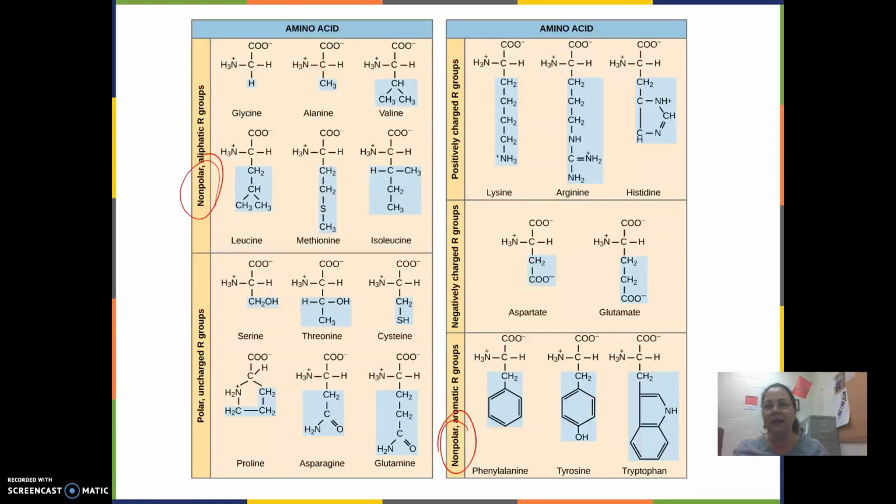So these amino acids would be the amino acids that you would find on the inside where the hydrophobic tails are in the phospholipid bilayer. And then polar, negatively charged, and positively charged amino acids are going to be found on the outside or the very inside where you have the phosphate heads, because these are soluble in water.